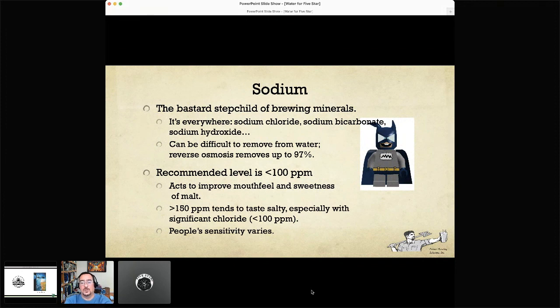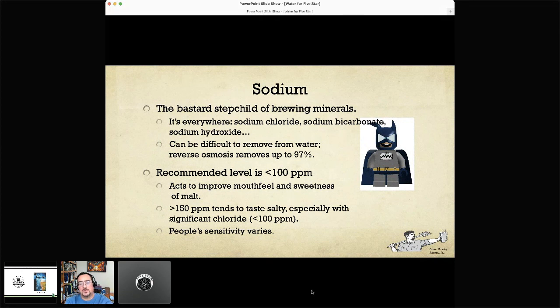Sodium is kind of along for the ride. Sodium chloride, sodium bicarbonate, sodium hydroxide. Once it's in water, it's kind of hard to get out, but you can remove it with reverse osmosis. Recommended levels are generally less than 100 ppm, although if you are brewing a light, low alcohol, low calorie beer, more sodium in conjunction with the chloride can help boost the malt flavors in a light beer, and make that a fuller tasting beer.